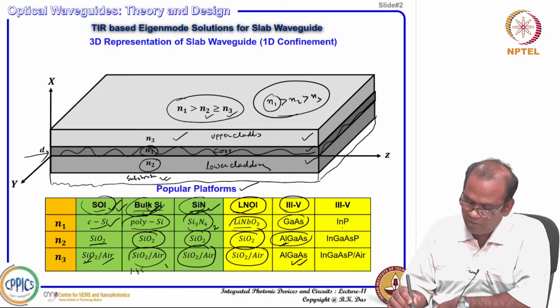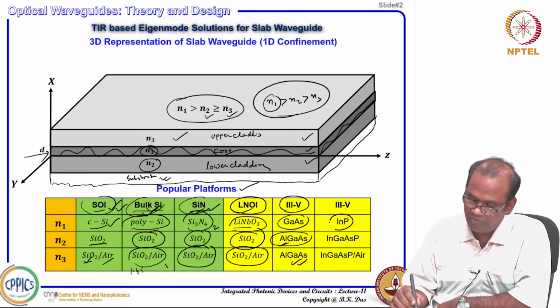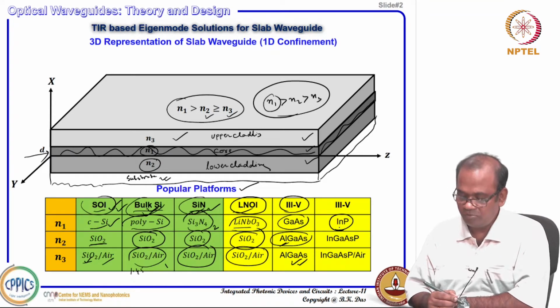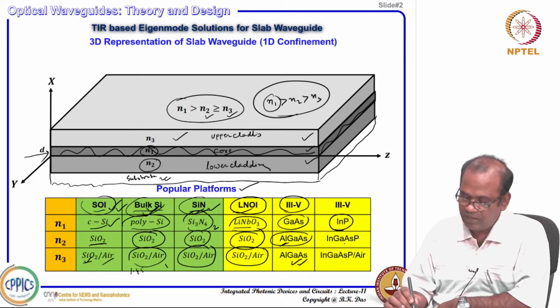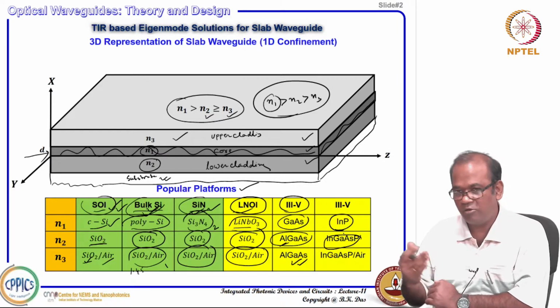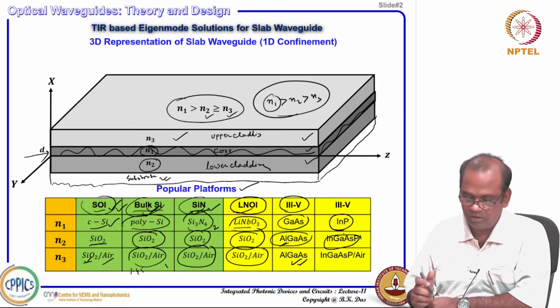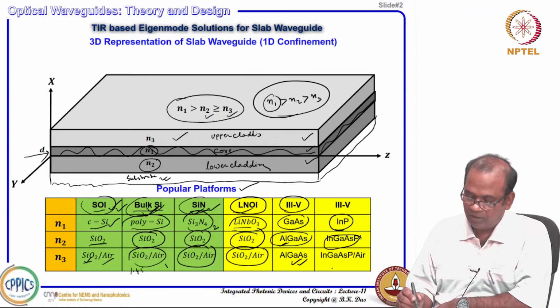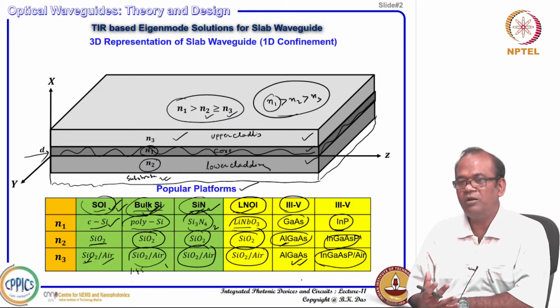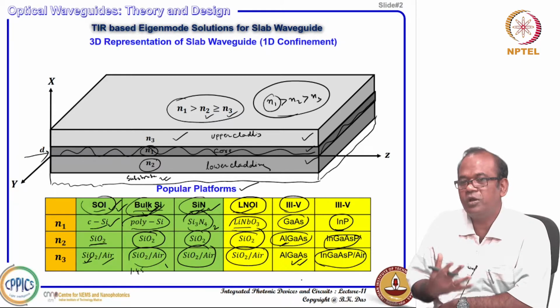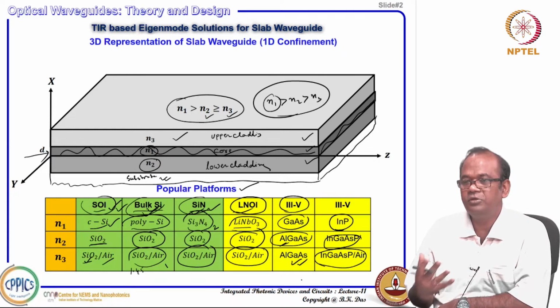So, that is why another platform is also used, called the indium phosphide platform, that can be used as a core, and you can grow indium gallium arsenide phosphide, another compound alloy, as a lower cladding N2, and air or another layer of indium gallium arsenide phosphide can be the upper layer.